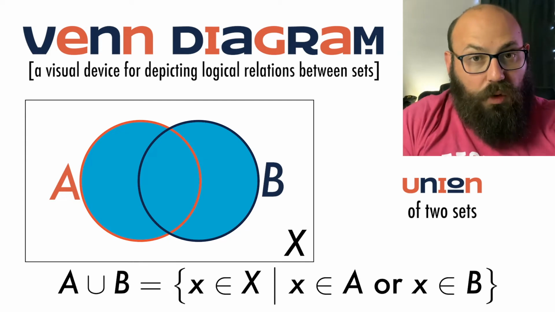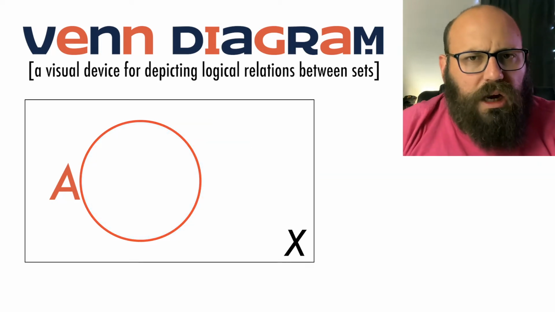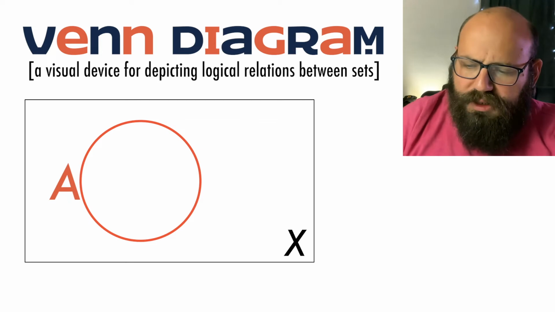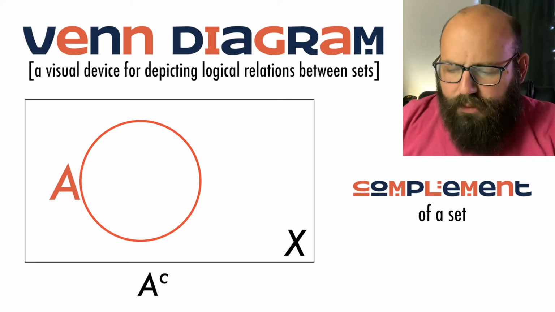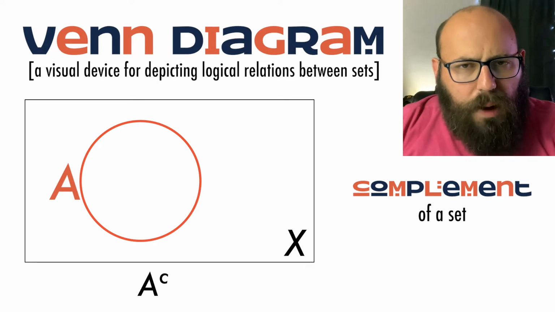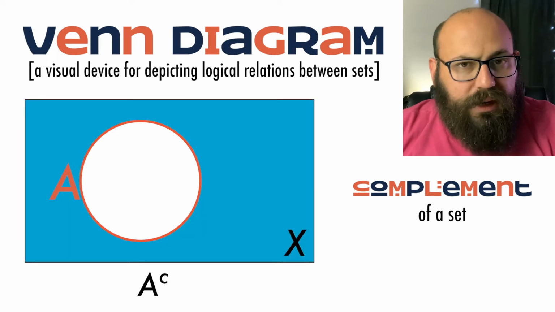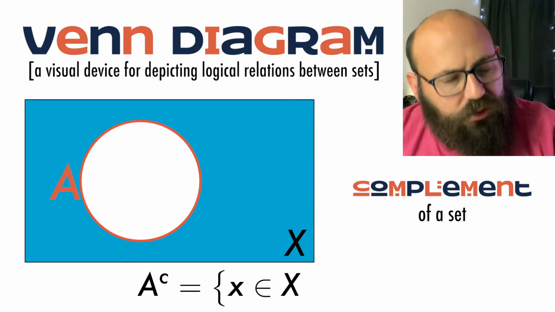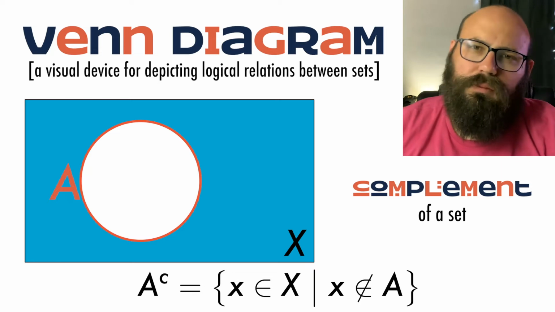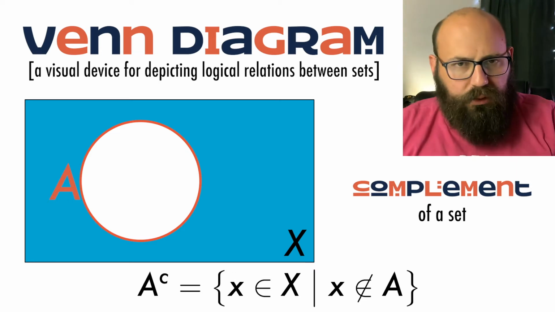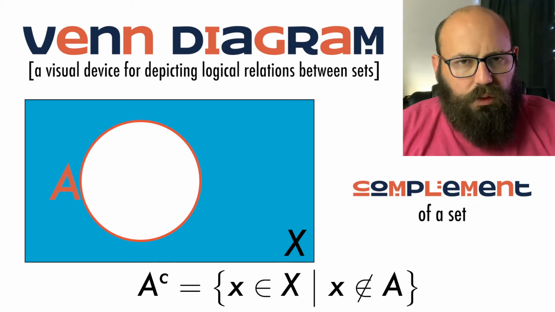So we have AND, we have OR, we need NOT. Not is only going to talk about one set, so let me get rid of set B. So now we just have A. Well, the complement of A, which I'm going to write A superscript c, or sometimes A overline, is the set of all things that live in X, the set of all little x's in big X, such that x isn't in A. So AND goes to intersection, OR goes to union, NOT goes to complement.